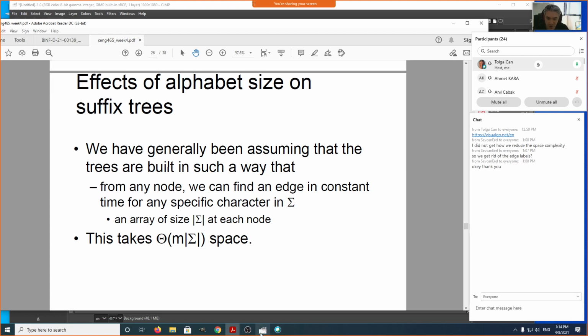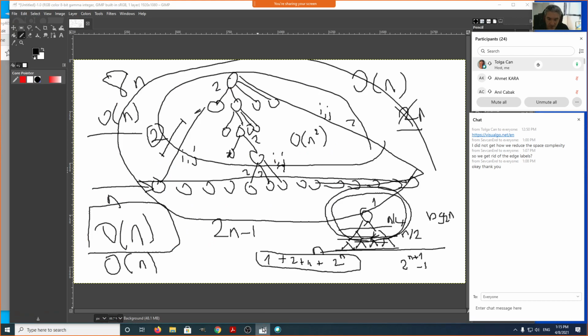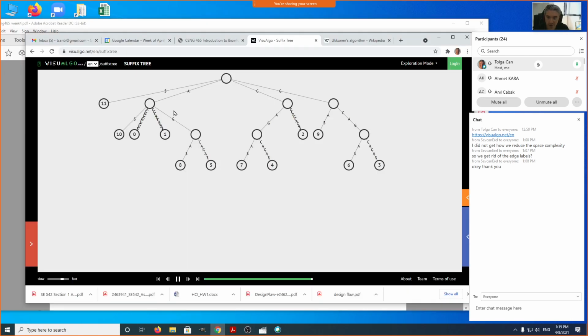So while we are doing the searching, for example, from the root node, imagine I'm searching for the pattern CAC. I assume I immediately find the edge that starts with C.